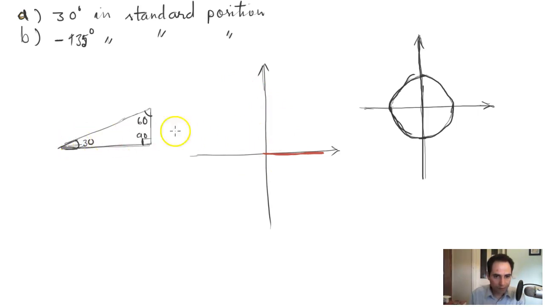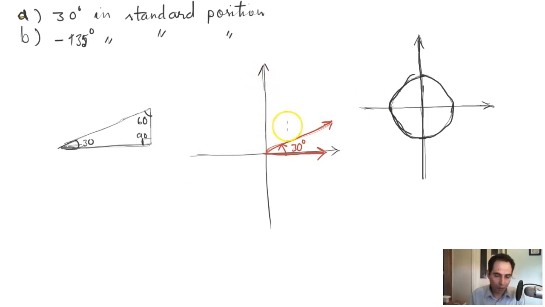A 30-degree angle is then somewhere right here, and so this becomes a 30-degree angle in that system.